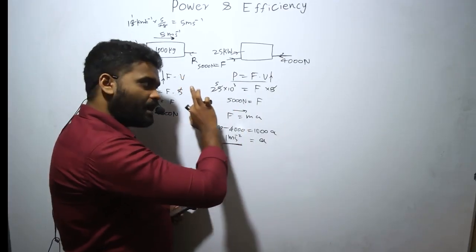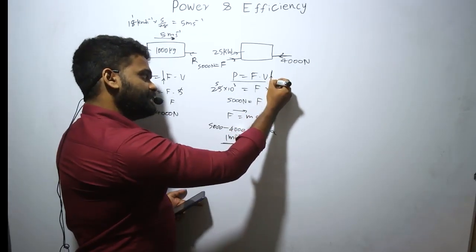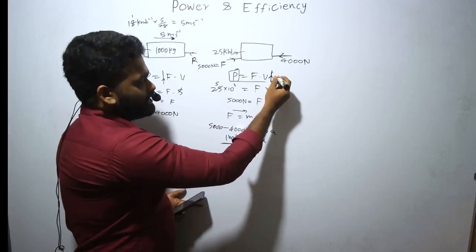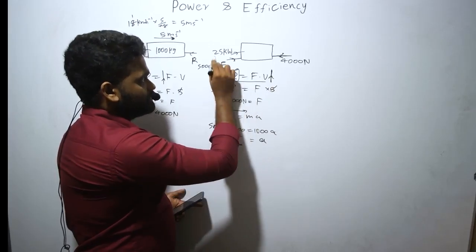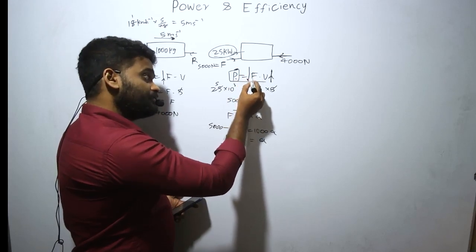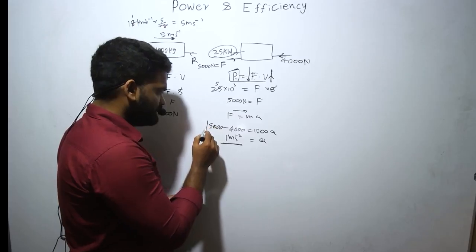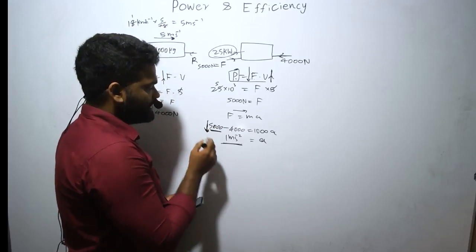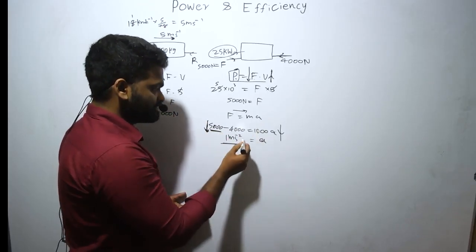Since it accelerates, velocity increases. Power is 25, it does not change. It is constant. So if velocity increases, since the power is constant, the driving force decreases. This is the driving force, and it starts to decrease. If the driving force decreases, the unbalanced force decreases, meaning acceleration decreases.